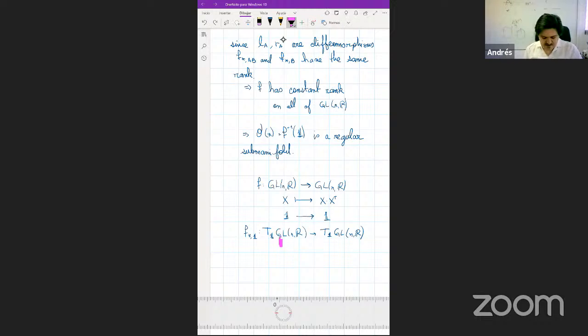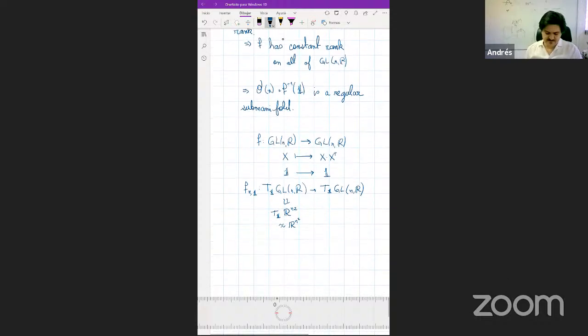Now remember that this GLN is open because it is open in R^(n squared). Right?